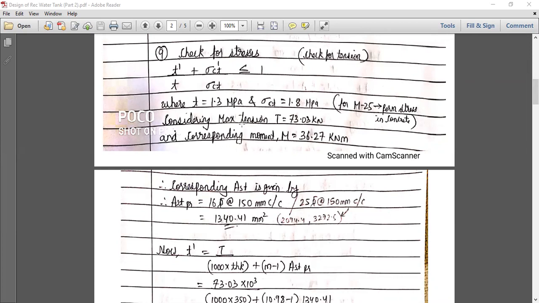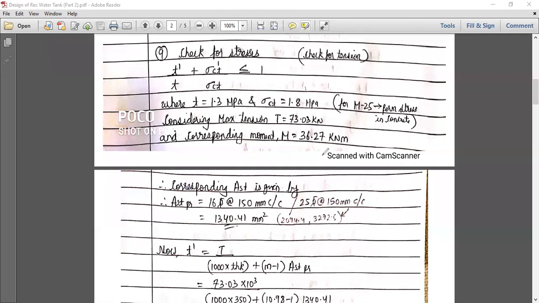And what is the maximum tension in your case in the current numerical which we are doing? Just check and give me the value of the maximum tension available. 70.8.